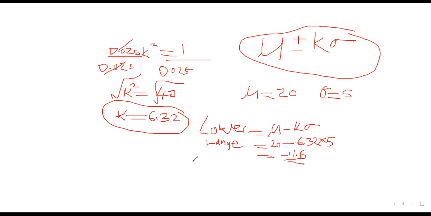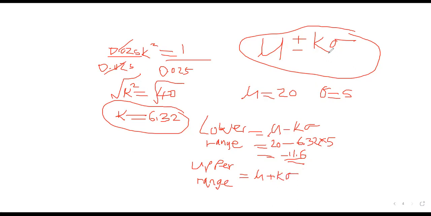Then let's find the upper range. So this is the interval now, the range of values. What is important for you to understand as we look at Chebyshev is that the upper range gives us mu plus K standard deviation, where K is a constant on the interval.